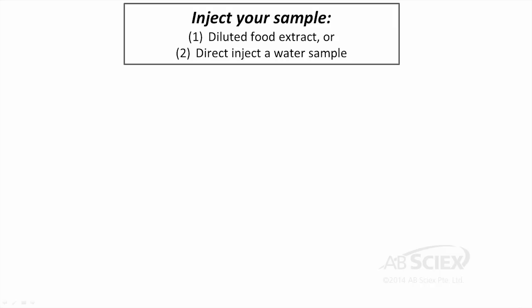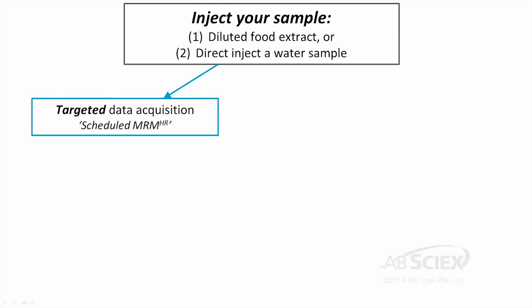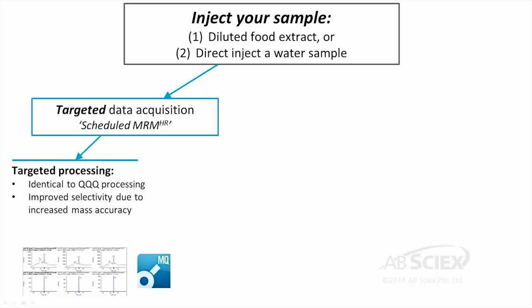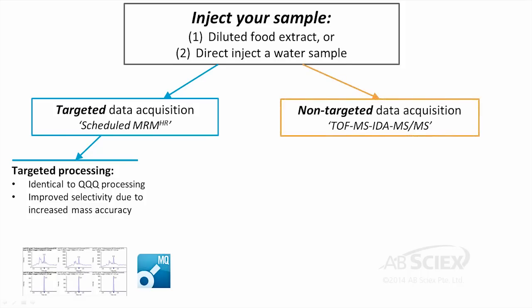Do you want to perform targeted analysis? Do that on the TripleTOF system using scheduled MRM-HR and process your data just as you would your routine triple quad data using MultiQuant software. Or would you like to search for both targeted compounds and unknown compounds at the same time? Easily set up the TripleTOF system for non-targeted data acquisition.